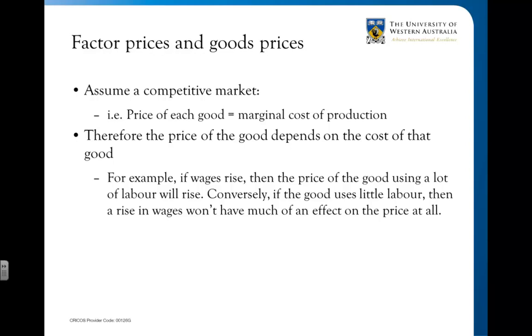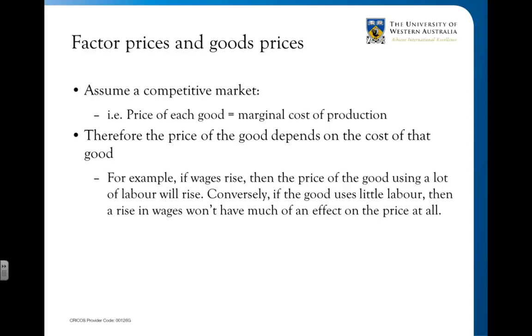The usefulness of that is, if, for example, wages rise, then the price of the good using a lot of labour, that's labour intensive, is going to rise proportionally more than for a good that uses little labour.